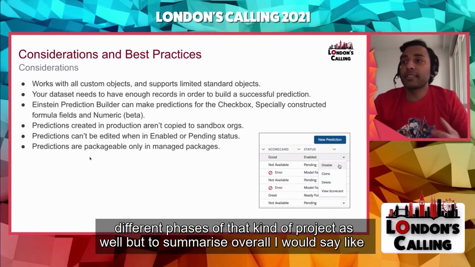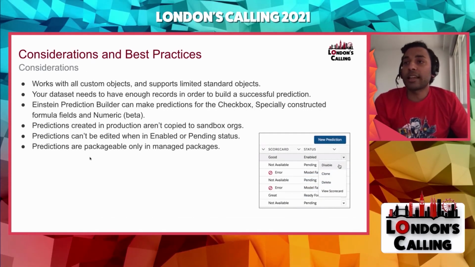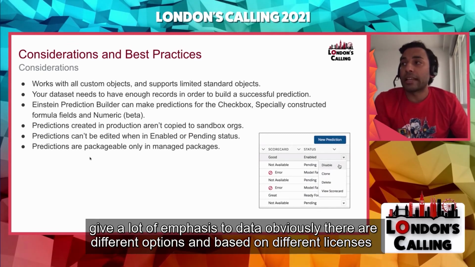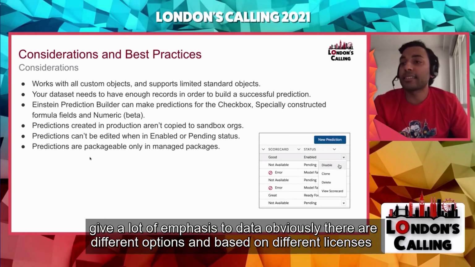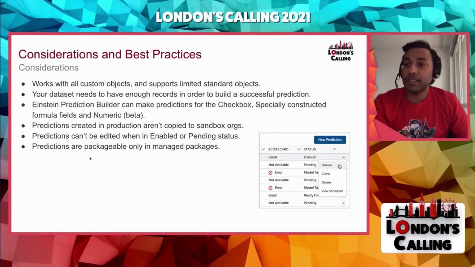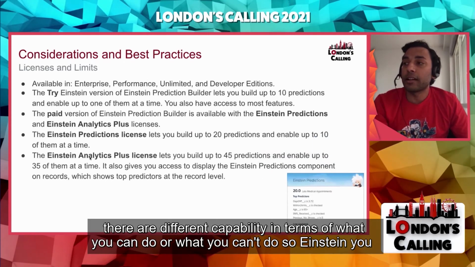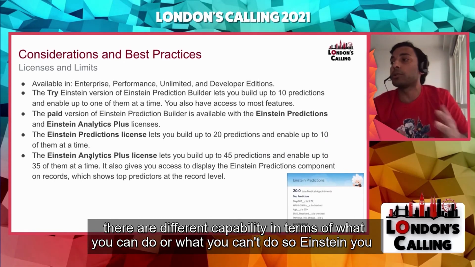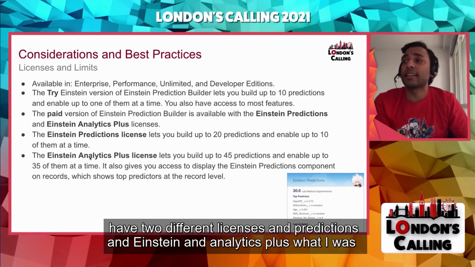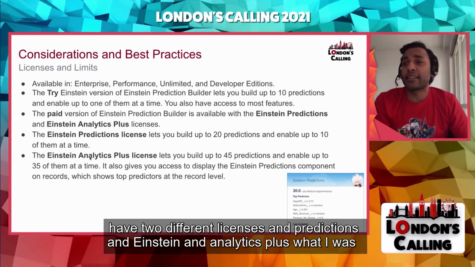But to summarize overall, I would say give a lot of emphasis to data. Obviously, there are different options, and based on different licenses, there are different capabilities in terms of what you can do or can't do. With Einstein, you have two different licenses, Einstein Predictions and Einstein Analytics Plus.